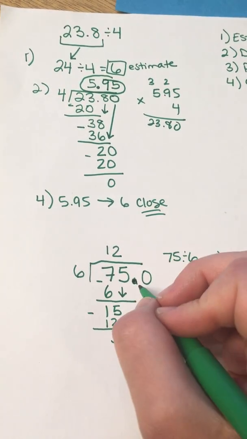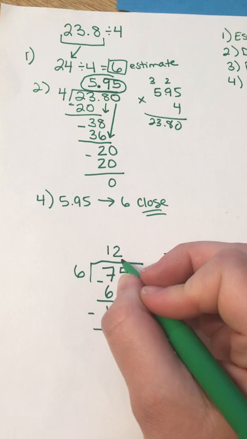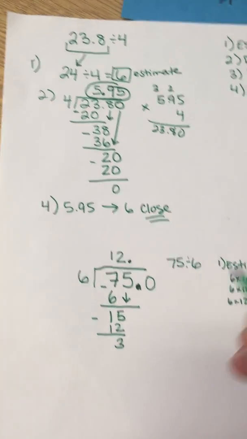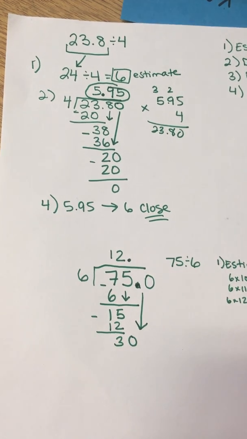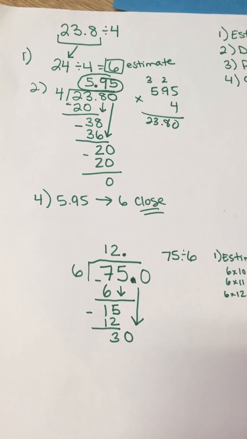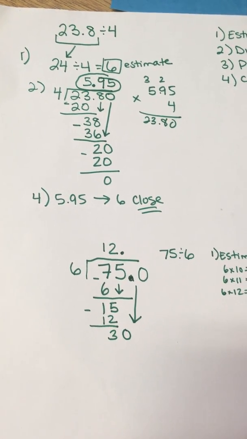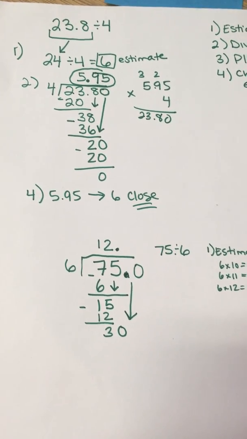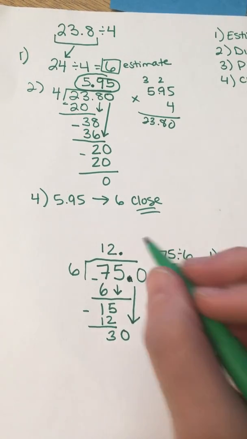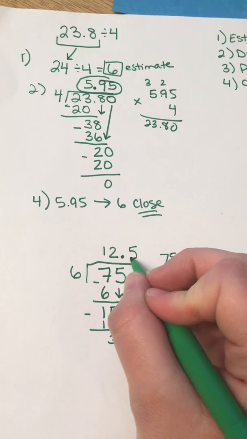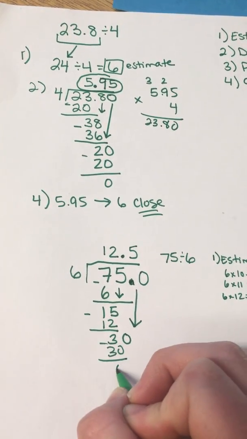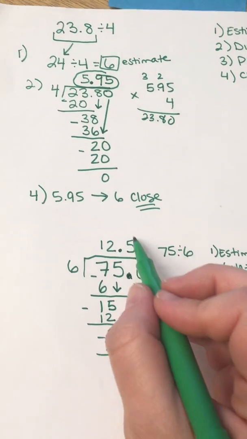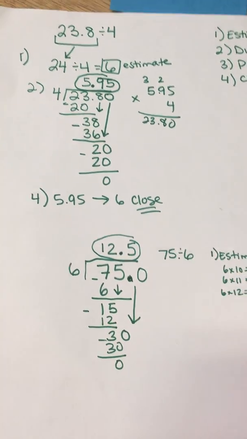We're going to be using the tenths and hundredths now, so I'm going to put a decimal point here, bring this down, and we have 30. Try and think about what you would do next. How many times does 6 go into 30? 5 times. 5 times 6 is 30. We have none left. This is our answer.